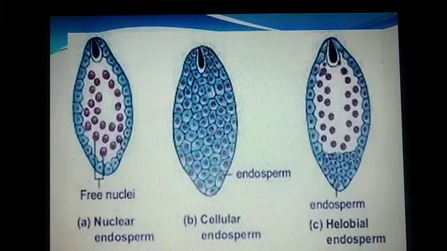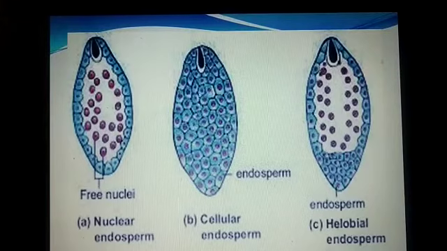Here you see the three types of endosperm. In nuclear endosperm, what happens? The nucleus continuously and freely divides. That means karyokinesis is there but not cytokinesis. Wall formation does not occur. Only the nuclei divide. And in cellular endosperm, the nucleus divides as well as the cytoplasm also divides.